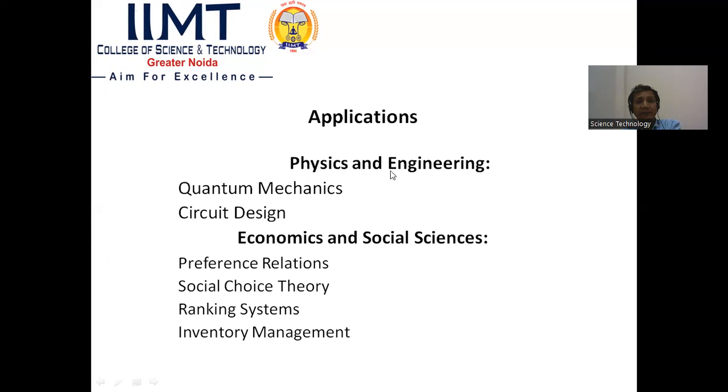Moreover, we have taken physics and engineering, in circuit design and quantum mechanics. Posets and order theory have applications. If we talk about economics and social sciences, then in preference relation, social choice theory, ranking system, posets and order relations have applications.